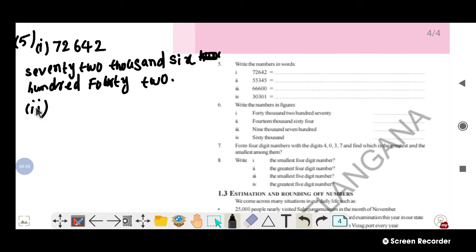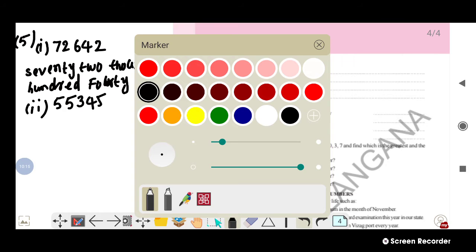Second question. Okay, second question is 55345. Then I will select the size of the pen. It's not that much of size, dots.